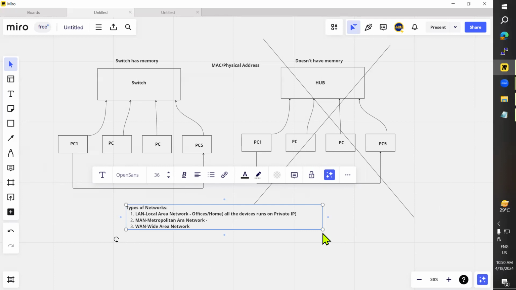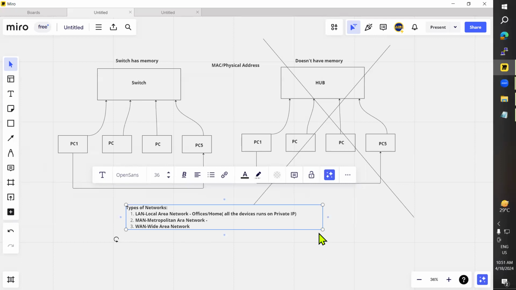Next, Metropolitan Area Network, MAN. Metropolitan Area Networks are used to connect networking devices that may span the entire city. So if your office is in a city which has 2 or more branches that are interconnected, that is called a MAN, Metropolitan Area Network.